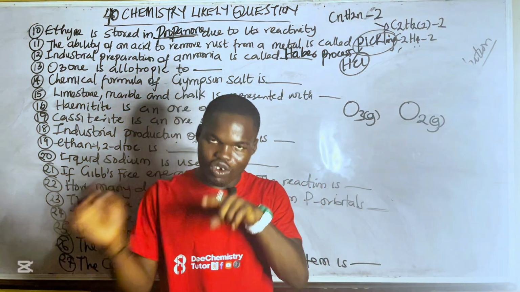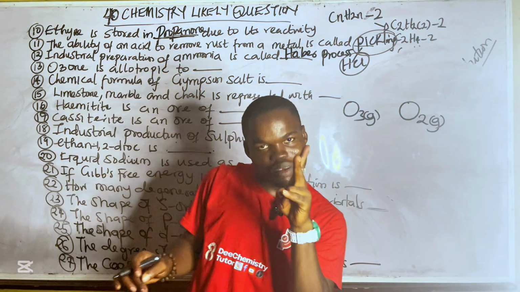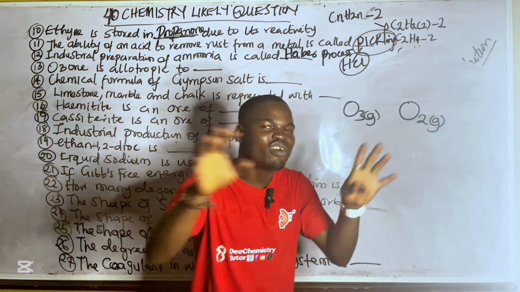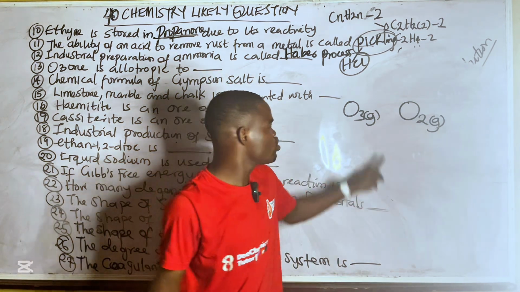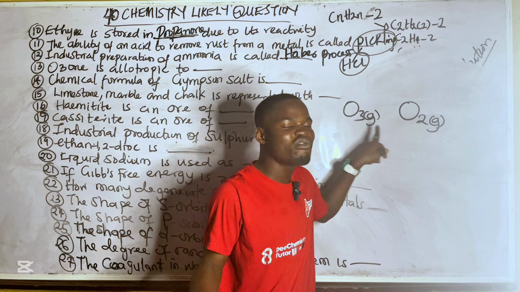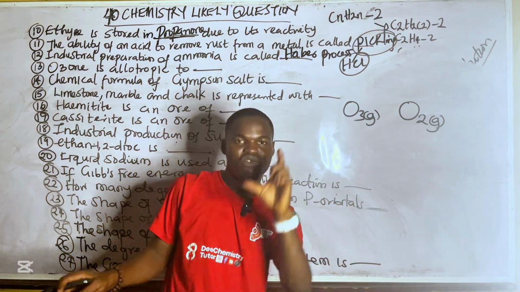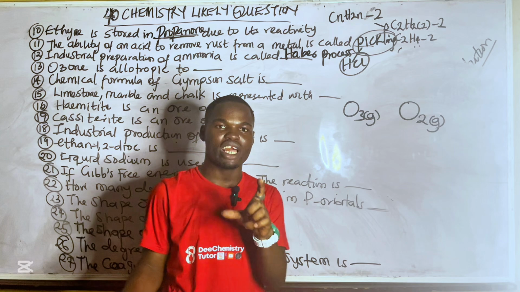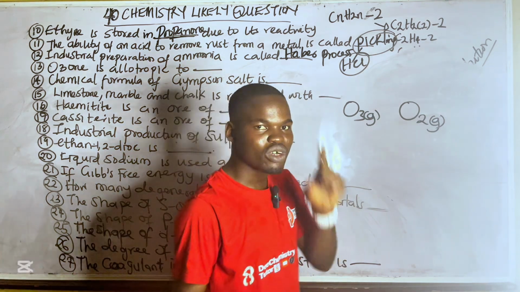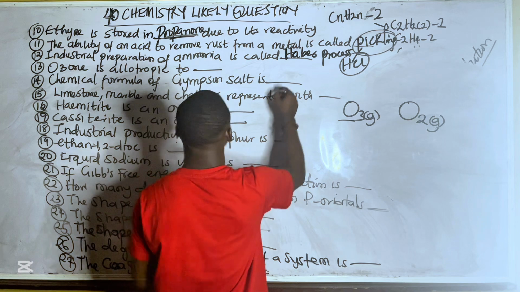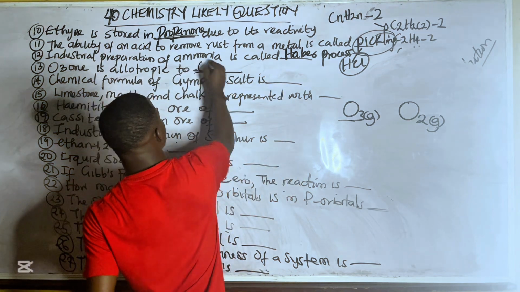Allotropy is a phenomenon where two elements of the same physical state, gaseous, have different forms. So you must never forget that: same physical state, but different forms. So ozone is allotropic to what?